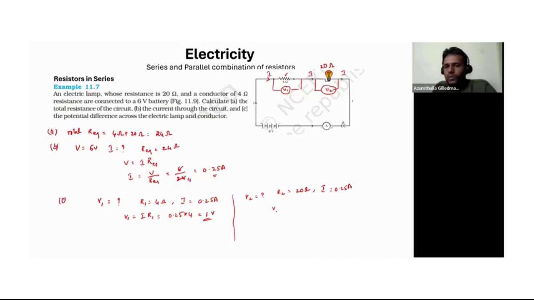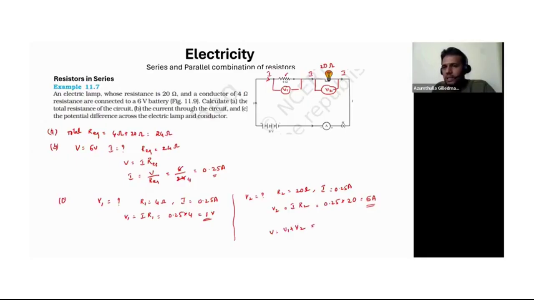Then V2 is I into R2. So 0.25 into 20, that is 5 volts. So as per Ohm's law, V equal to V1 plus V2.